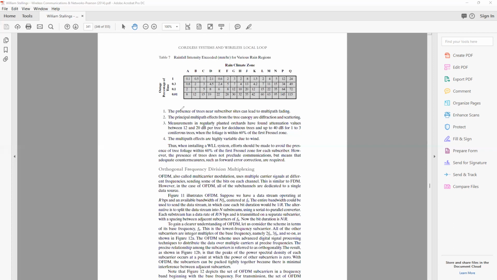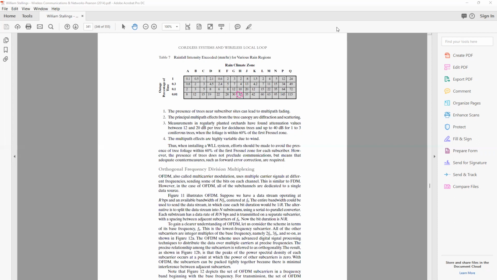Like I said, the system is available for 99.99%, so the outage will be for 0.01%, and we are looking at climate region H. So the rain rate is given by this value over here, that is 32. So our rain rate is 32 millimeters per hour.